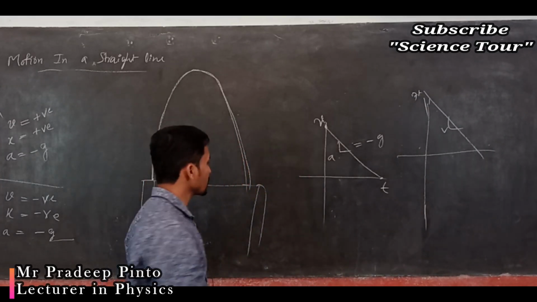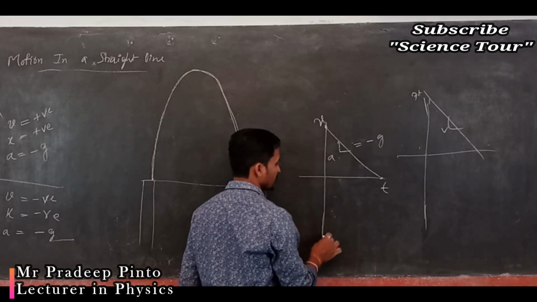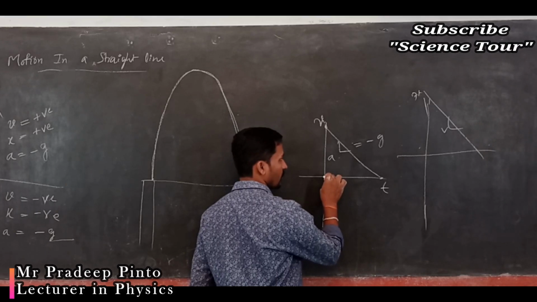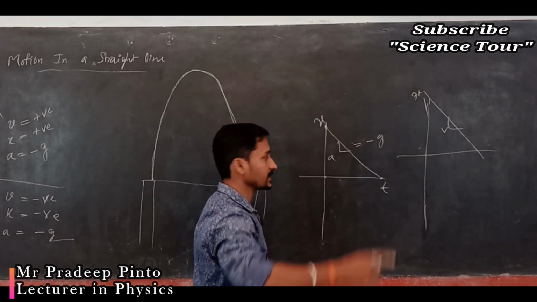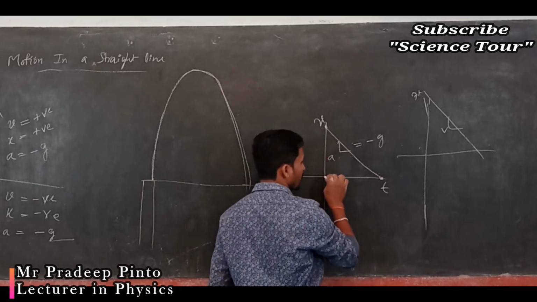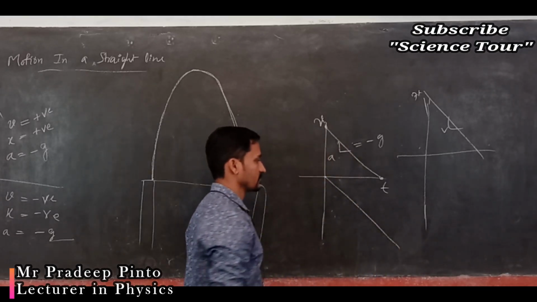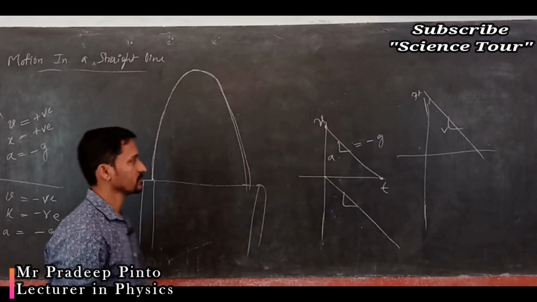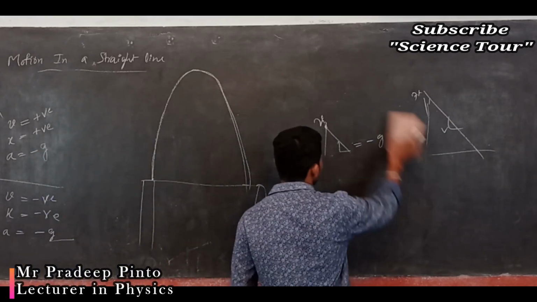Now negatively increasing means the acceleration must be negative, increasing the velocity. It started from here, from 0, goes upward, becomes 0 and then increases, increases, increases. Now when the velocity is 0, here the acceleration is also minus g, no? Both are negative itself, okay? So this is the case.